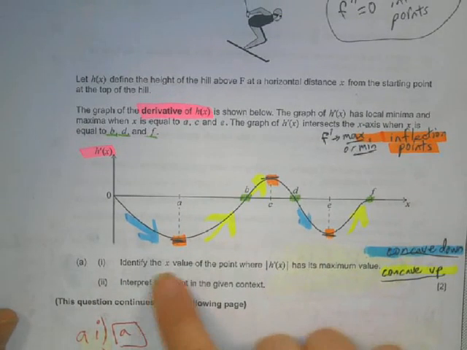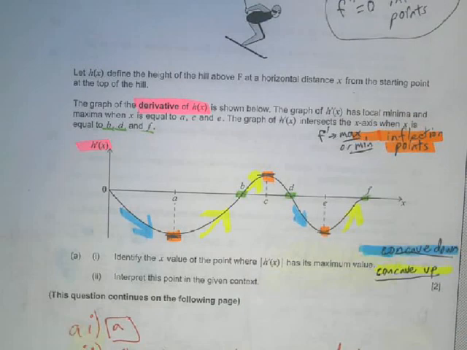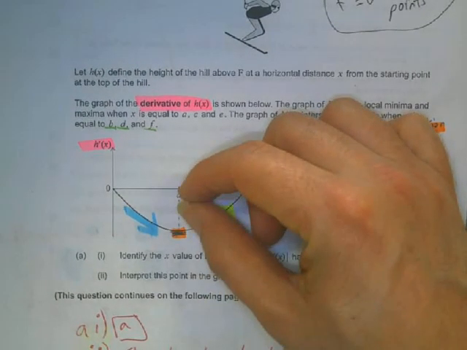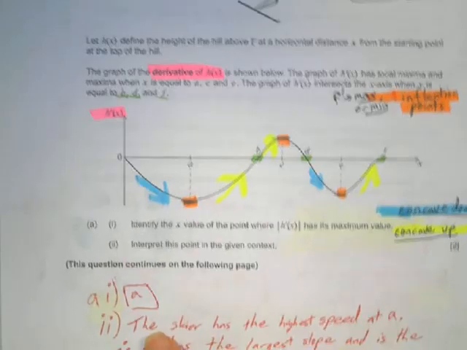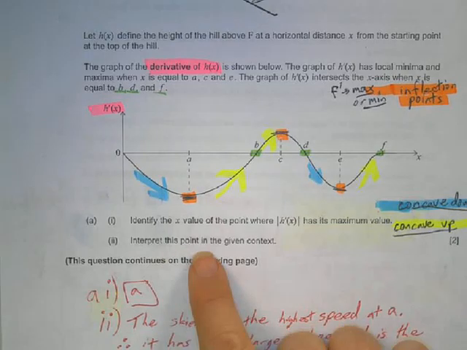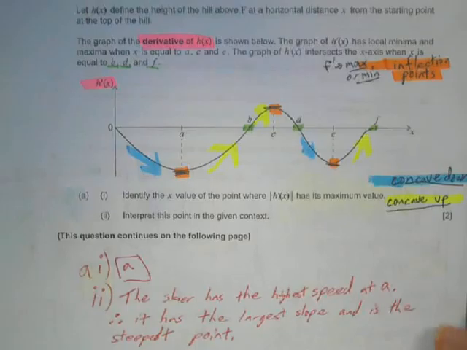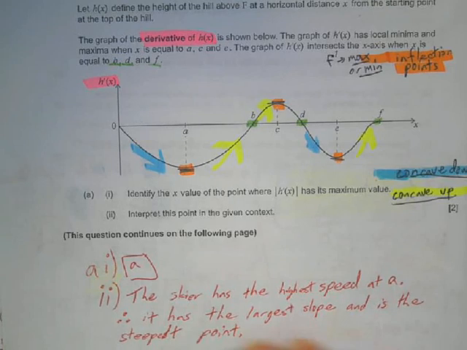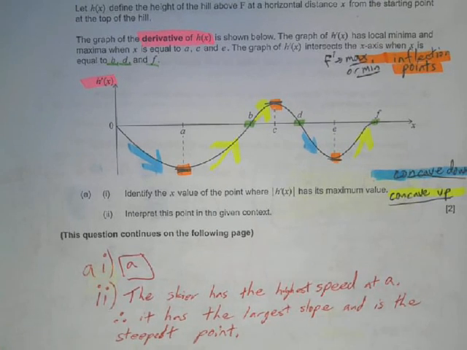But anyways, this was important conversation. So identify the x value of the point where the absolute value of the derivative has the maximum value. So the maximum value is the biggest difference here, which is going to happen at A. Question 2, interpret this point of the given graph. So the interpretation is the skier has the highest speed at A, therefore the largest slope and the steepest point.